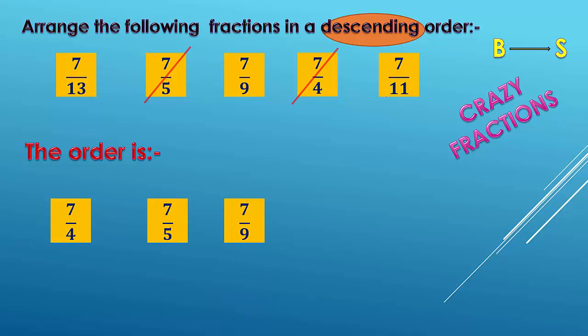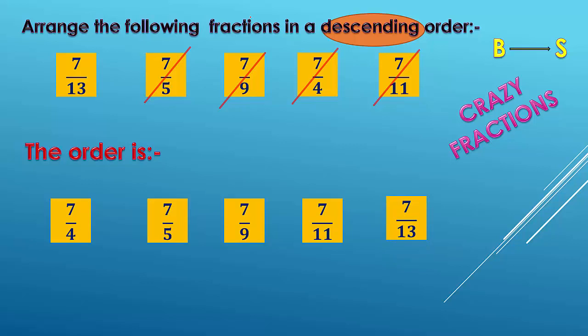Yes, it's 7 over 9. Don't forget to cancel 7 over 9 after you write it. Here I have 13 and 11, which is small here? Yes, 7 over 11, and I'll cancel it. And the last one, the smallest fraction, is 7 over 13.